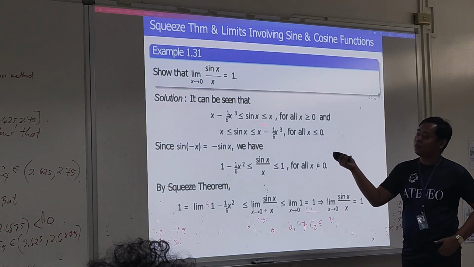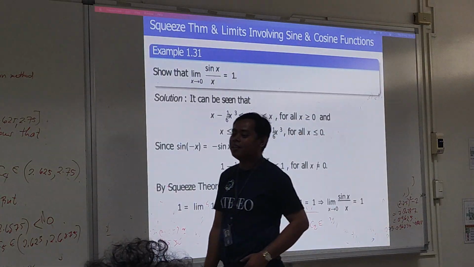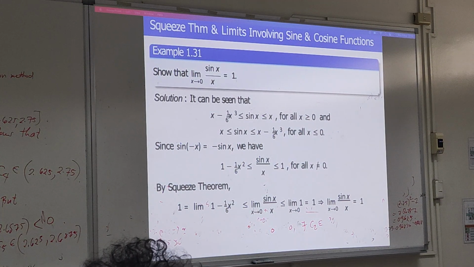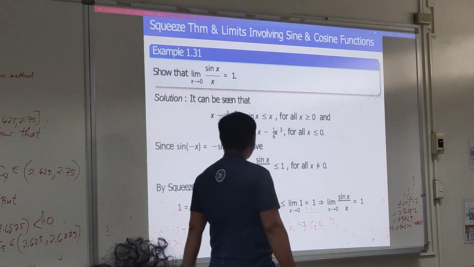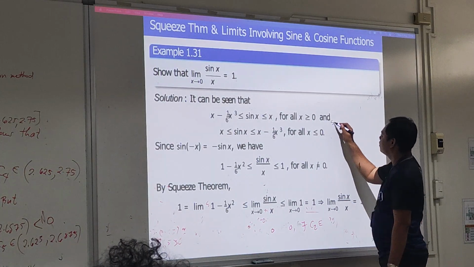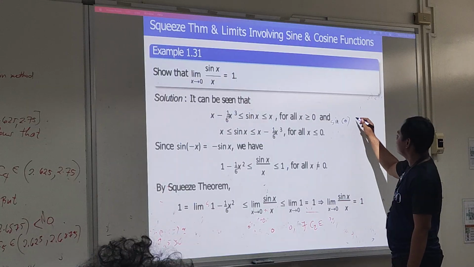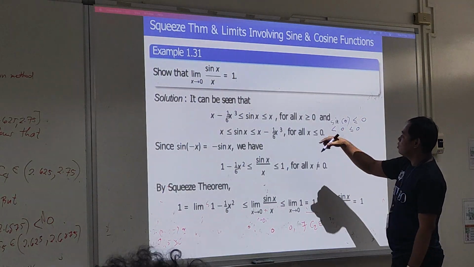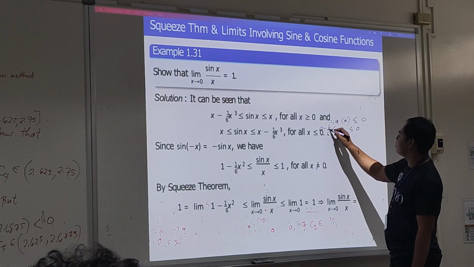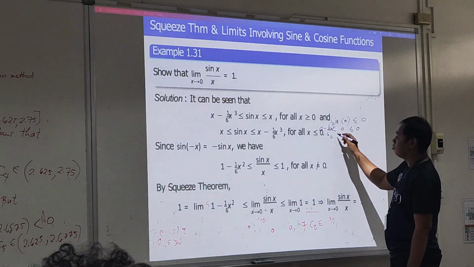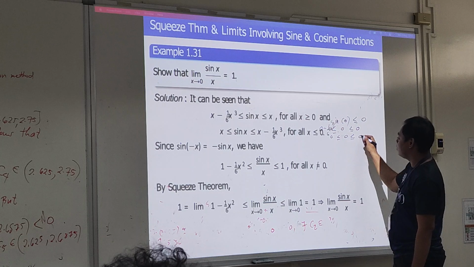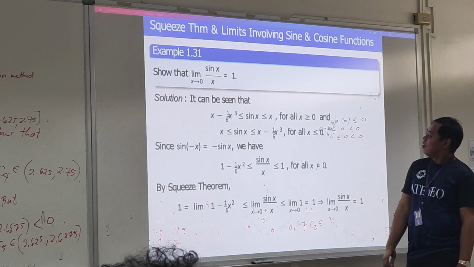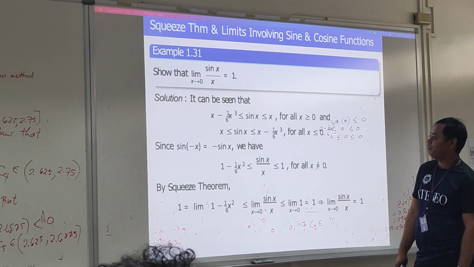Okay, if your x is equal to 0, we can verify if tinodjud siya ng inequality. If your x is 0, this side of 0, that is 0 now. So 0 minus 1 over 6 and 0. So 0. Not equal. How about 1?